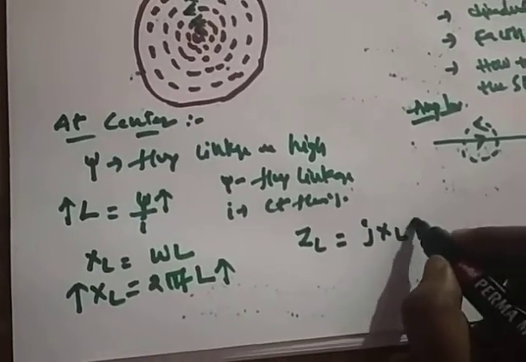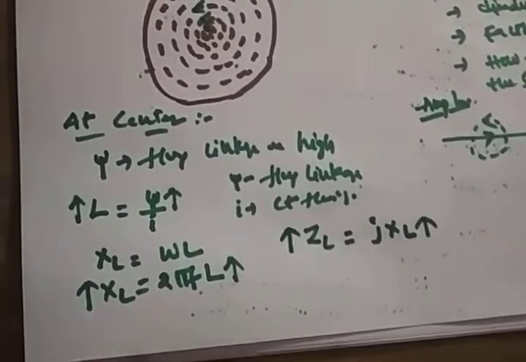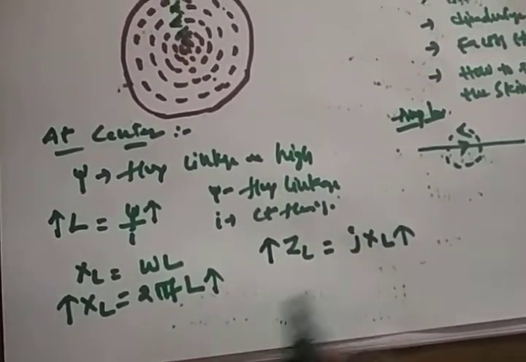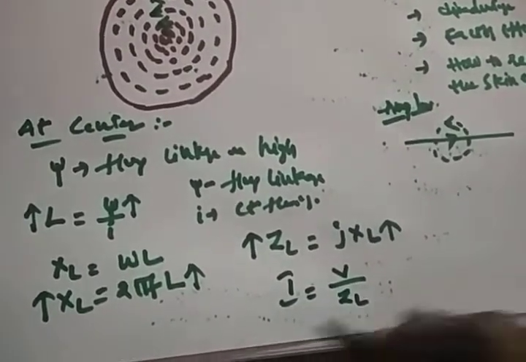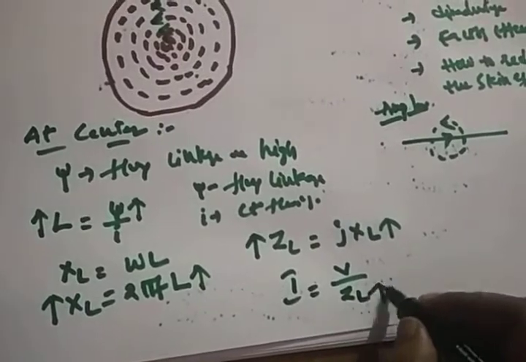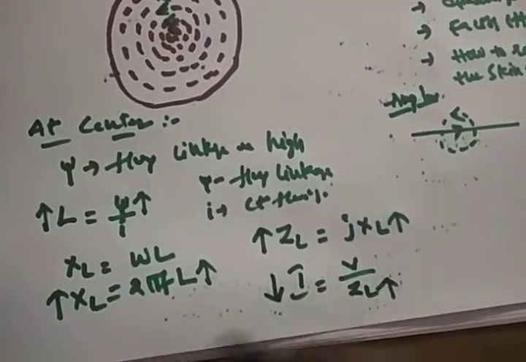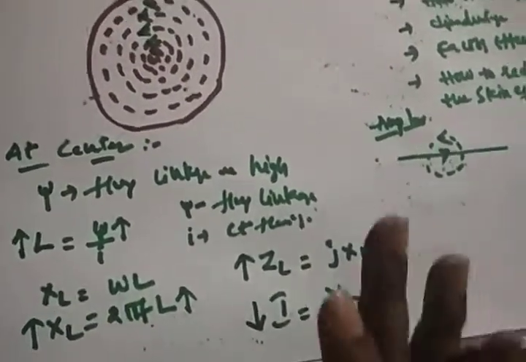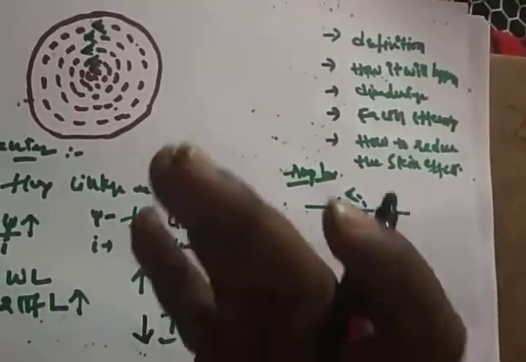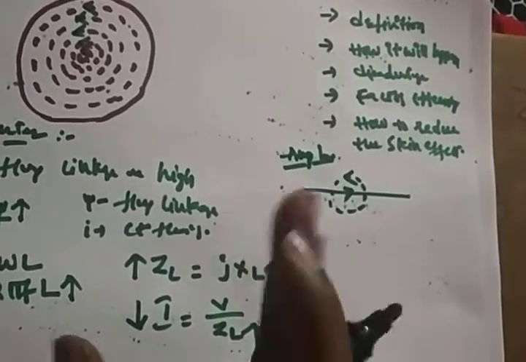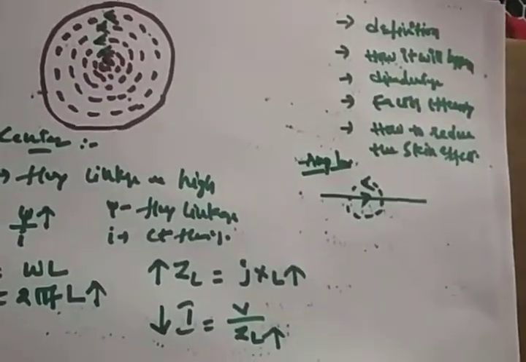If XL increases, ZL will increase. Then what about the current? I is equal to V by ZL. If ZL increases, the current reduces. So it's clear from this that at the center of the conductor, the flux linkages will be very high, which means the current value will be very less. I hope it's clear. We'll see one more time.